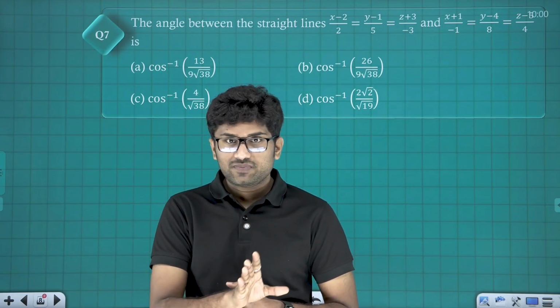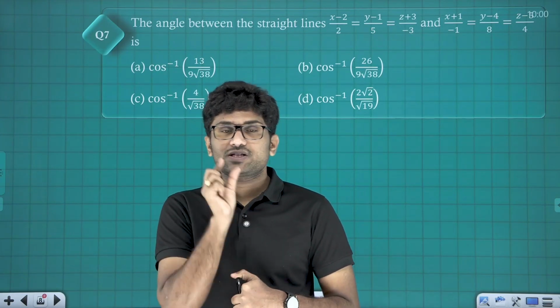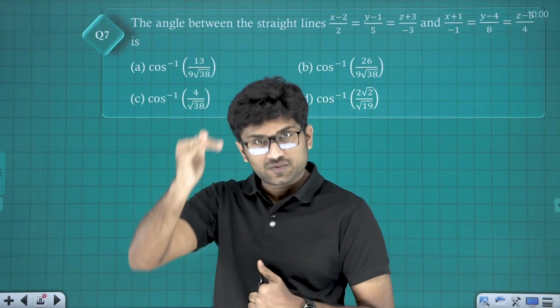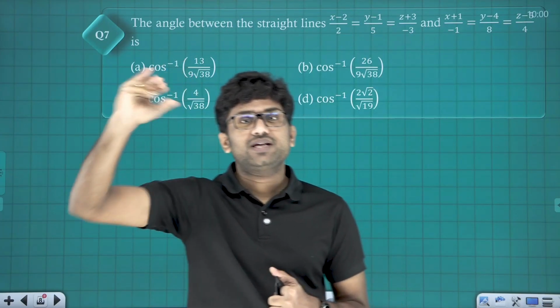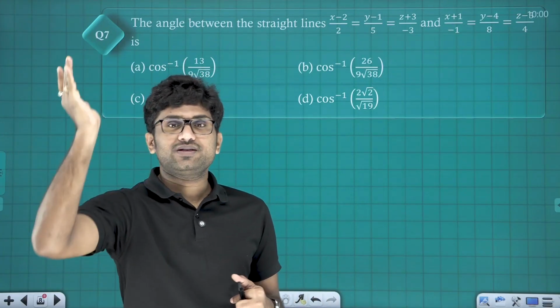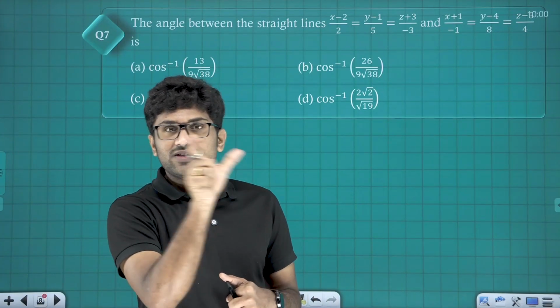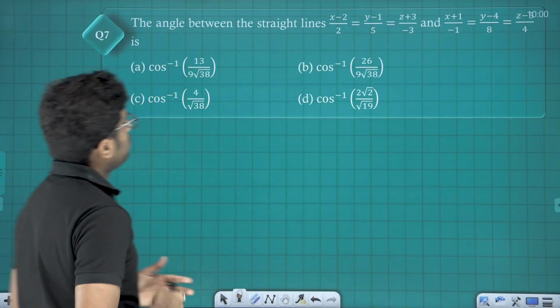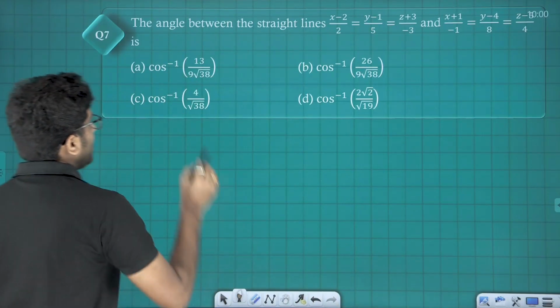Before we use this formula, first make sure the two lines are in standard form. Standard form is x minus x1 by a is equal to y minus y1 by b is equal to z minus z1 by c. The coefficients of x, y, z should only be 1, that too positive 1. So now clearly they are in standard form, friends. So directly we can apply.